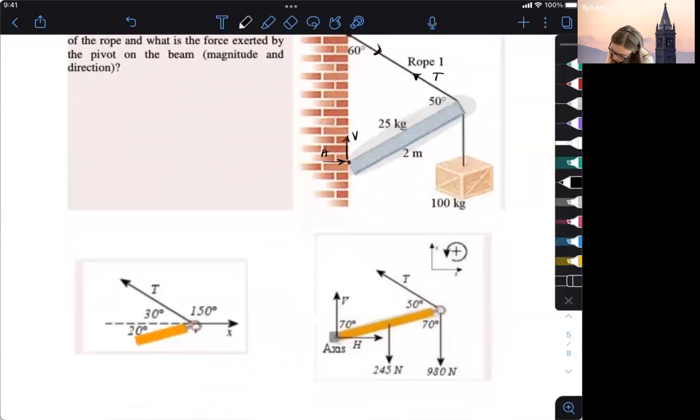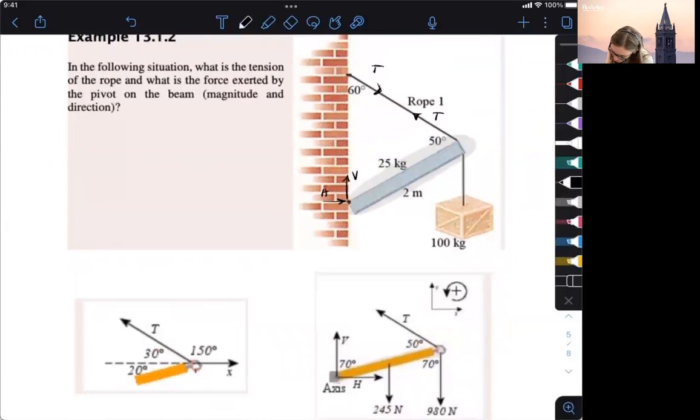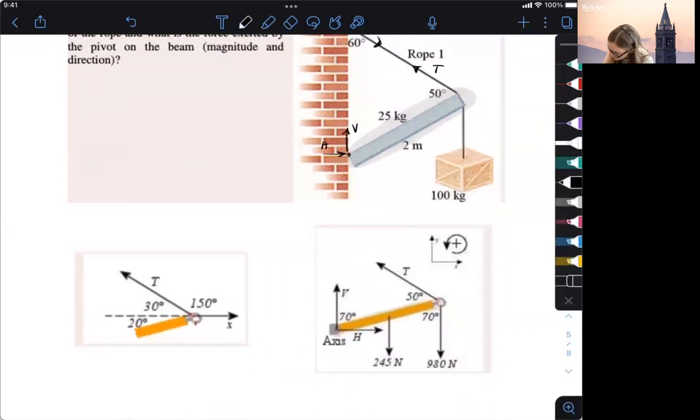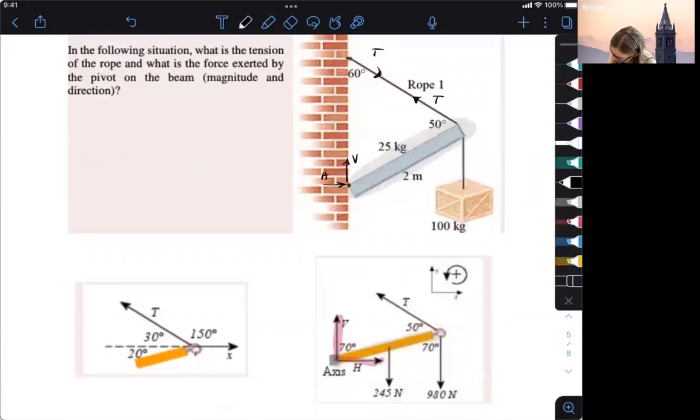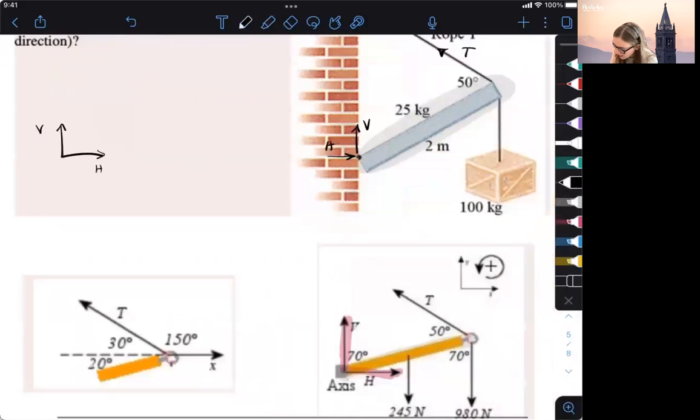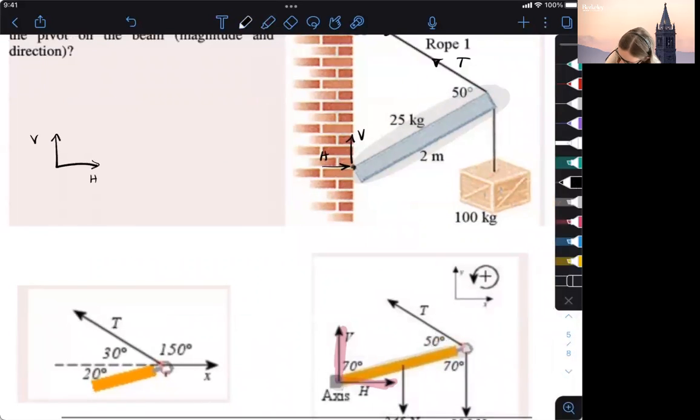Okay, and our main goal is to figure out the force exerted by the pivot on the beam. So we want to find this V and H force. And so if we want the magnitude and direction, we should think about H and V as a vector in the X and Y direction. And so if we want the net force, the magnitude would be the square root of V squared plus H squared.